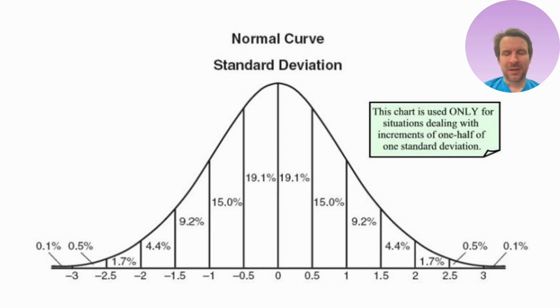So maybe minus half of the standard deviation to plus half of the standard deviation is 19.1% times 2. So that's how many samples are covered, about 40%. And if you go from minus 1 standard deviation to plus 1 standard deviation, about 70% of all the samples are covered in there.